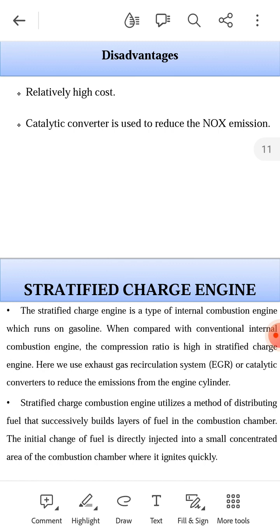Here we use an exhaust gas recirculation system, EGR, or catalytic converter to reduce the emissions from the engine cylinders. Stratified charge combustion utilizes a method of distributing fuel that builds layers of fuel in the combustion chamber. The initial charge of fuel is directly injected into a small concentrated area of the combustion chamber where it ignites quickly.